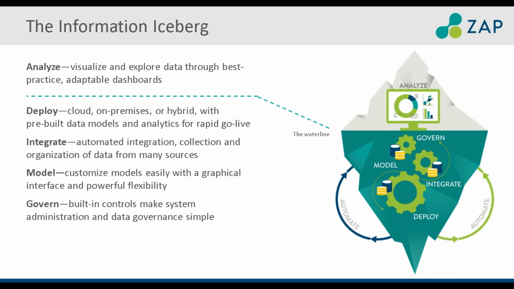In fact, many organizations have gone through 12 to 18-month data warehousing and BI projects just to get to that point where they have that 10% above the water. And other organizations have gone ahead and started working with things like self-service tools such as Tableau or Power BI, or even things such as Excel.